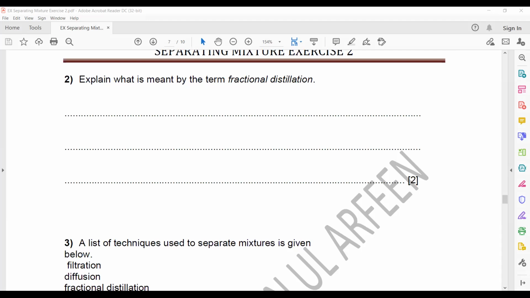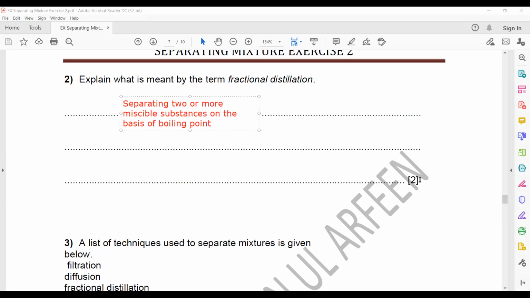So what is the definition of fractional distillation? It's the separation of two or more substances on the basis of boiling point, is known as fractional distillation.